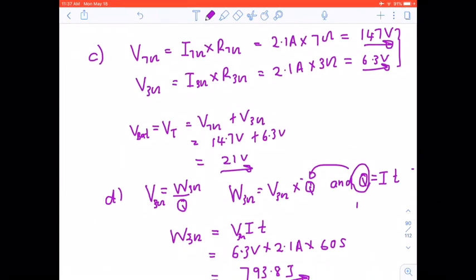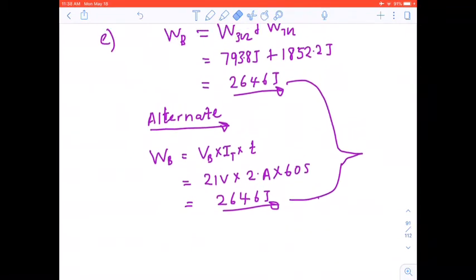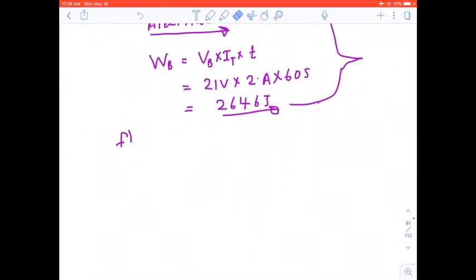Okay, so the battery we know supplies 2.1 amps. Correct.